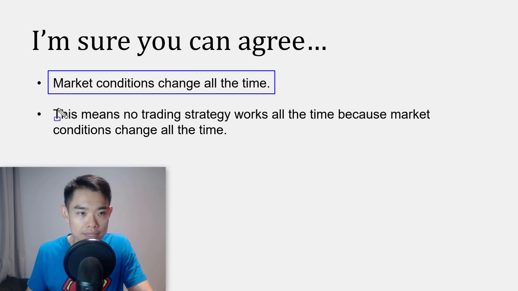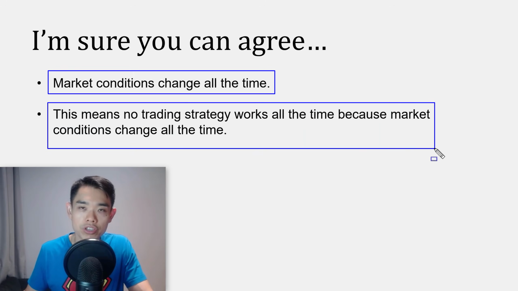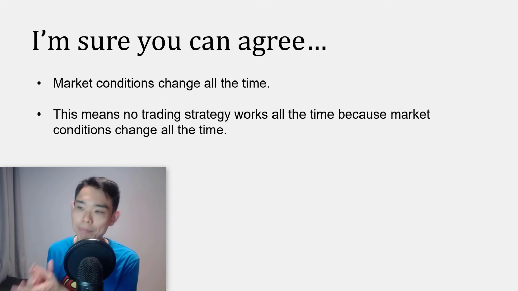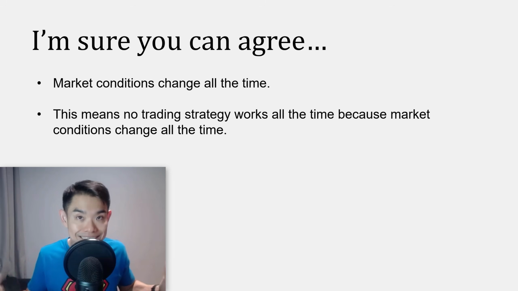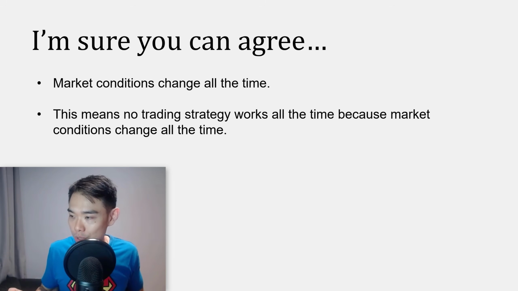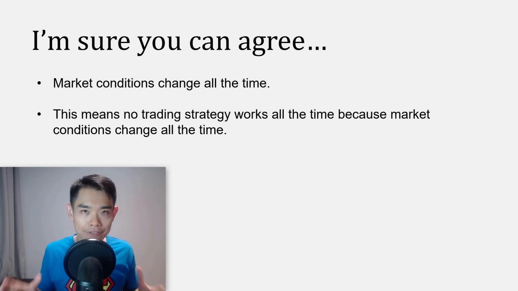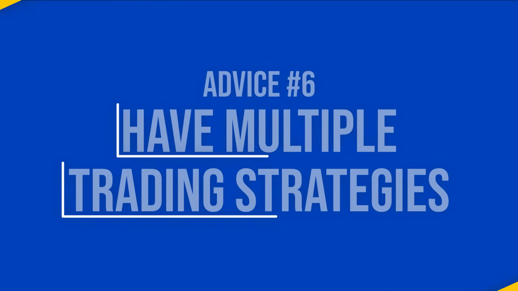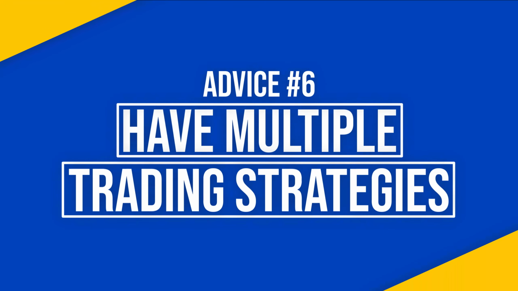And if you agree with that statement, then you would know that no trading strategy will work all the time, because market conditions change all the time. So this is why I say, don't bother finding the best trading strategy. Don't bother finding something that works all the time, because it doesn't exist. The good news is, I found something pretty close.